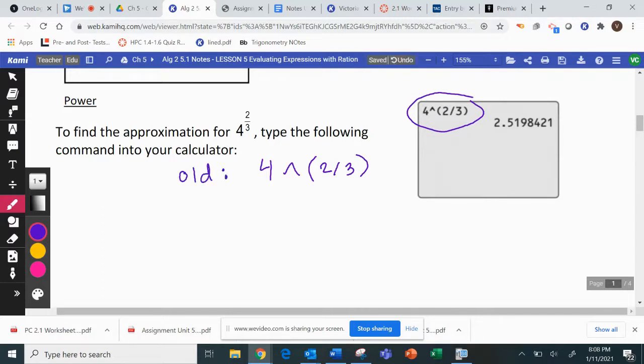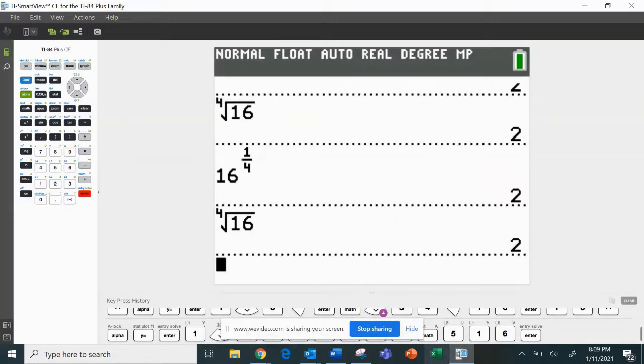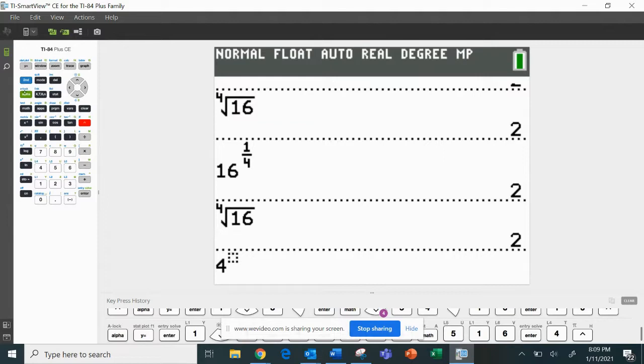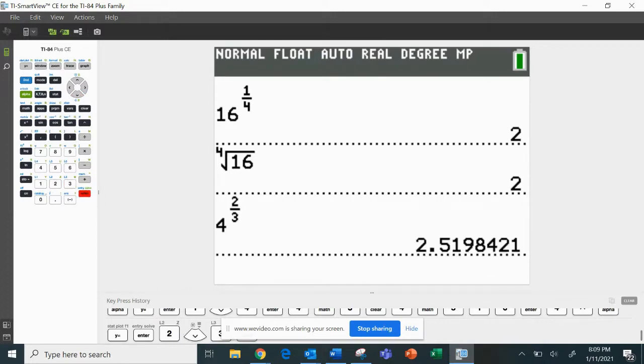Or if you want to do this on the newer calculator, you can do 4 caret and then alpha, then y equals, then enter, and then 2, and then you arrow down, and 3, and that will type it in as a fraction. I'm going to do it that way real fast. So I'm going to do 4 caret alpha y equals, enter, and then 2, arrow down, and then 3. And we have a decimal.